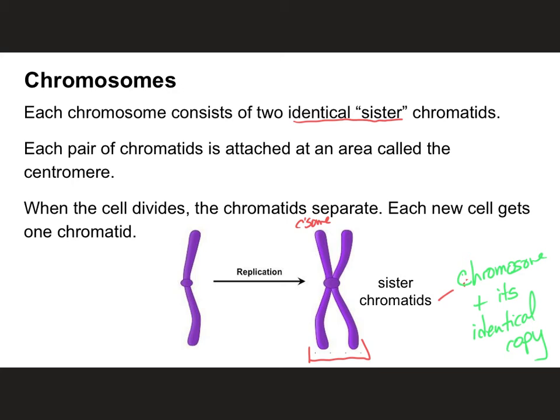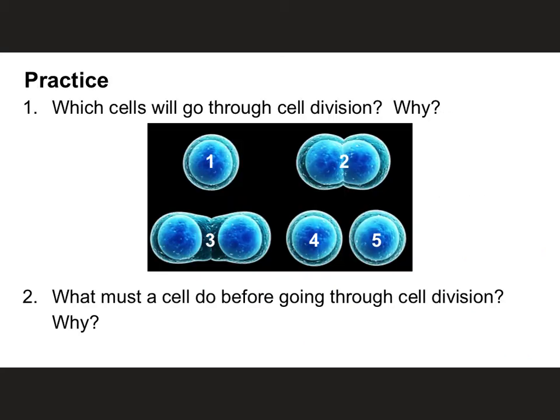Here's a single chromosome, and then it makes a copy, but they stay attached, okay? Will they always stay attached? No, but they are going to stay attached up until we talk about cell division. They're eventually going to go one to each end of a cell, and so each cell gets one copy of each chromosome.